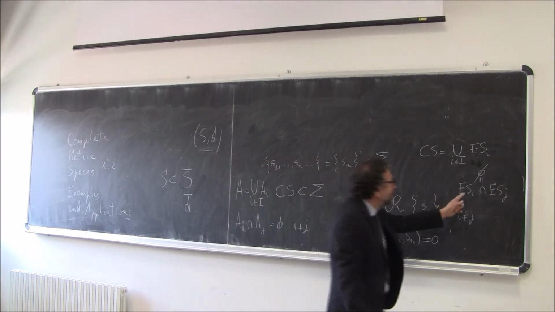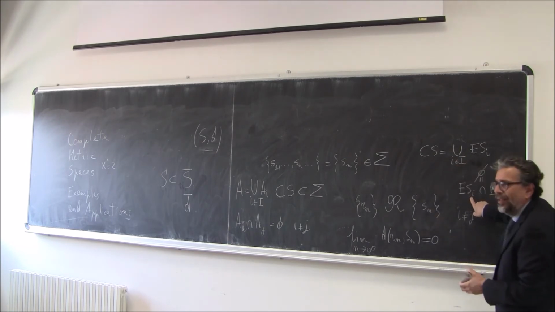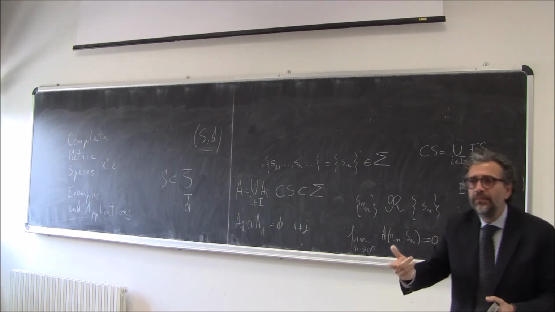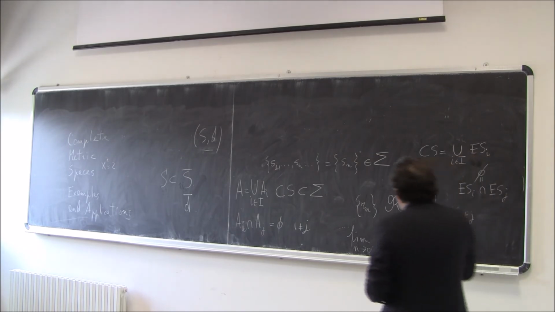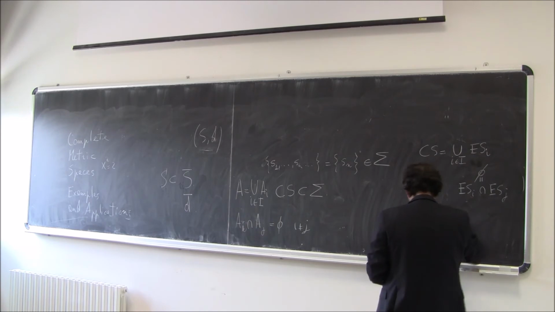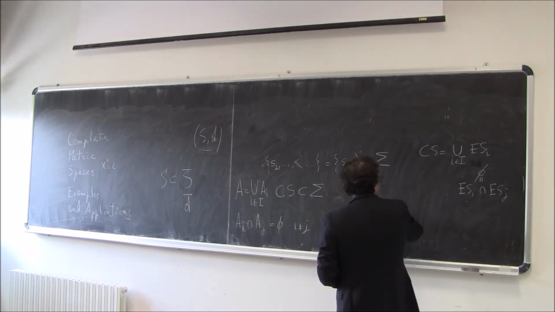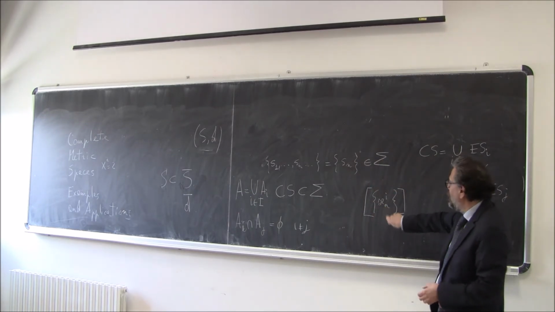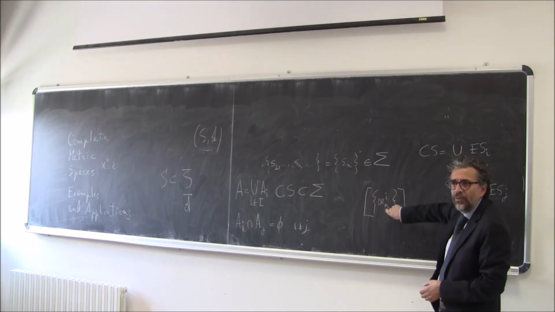Okay. So, in ESI, you have all Cauchy sequences which are equivalent to a given Cauchy sequence. Okay? So you can choose one of these sequences. We call it X_I. We write brackets for meaning: consider all Cauchy sequences which are equivalent to this one.